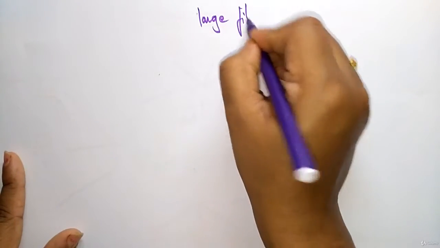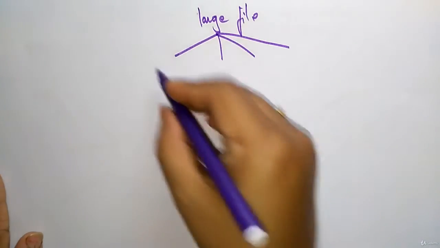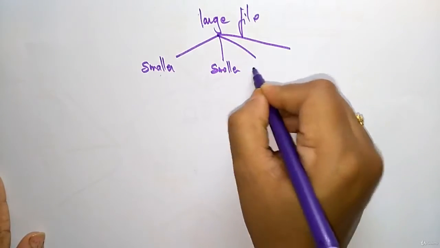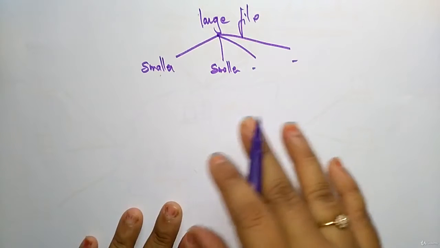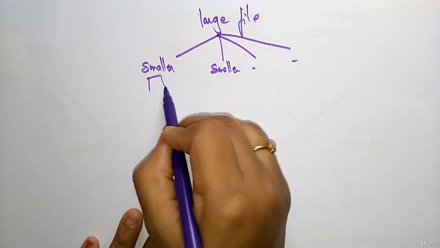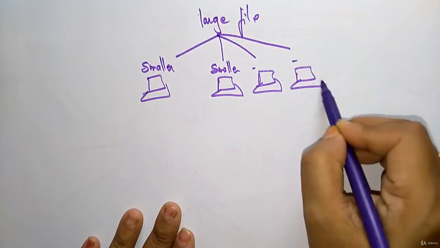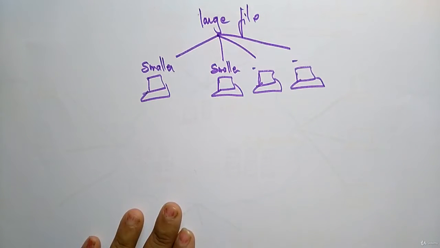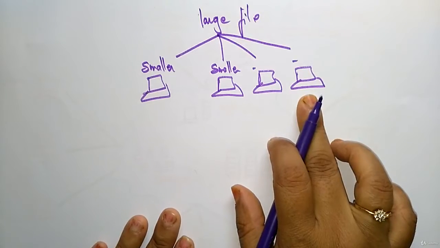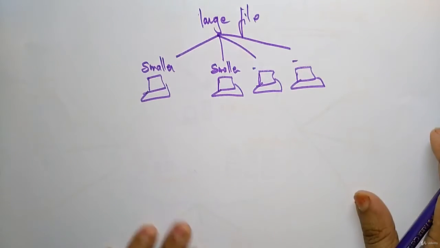This large file will be broken down into smaller pieces and distributed throughout the available computing resources for execution. So for whatever computing resources are available in the architecture, the large file will be broken down and distributed to all those systems for execution.